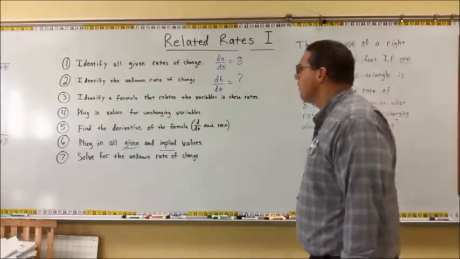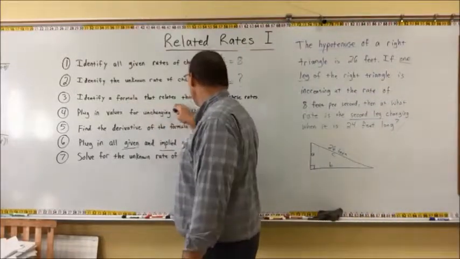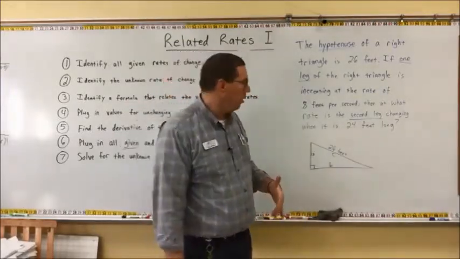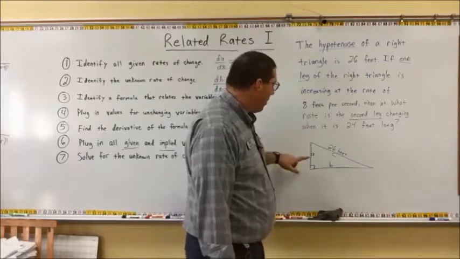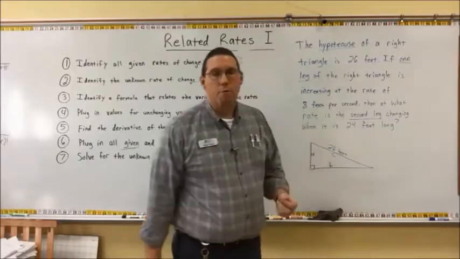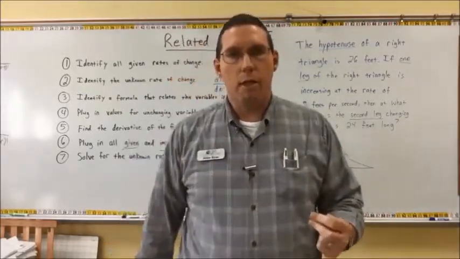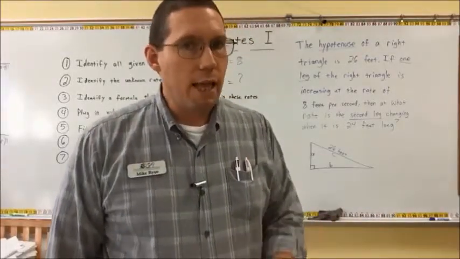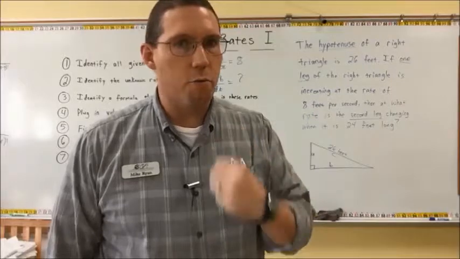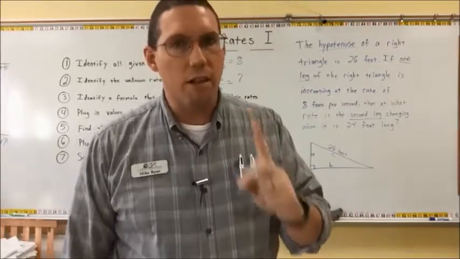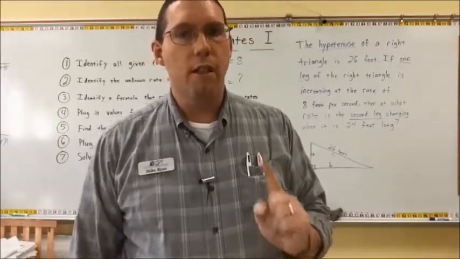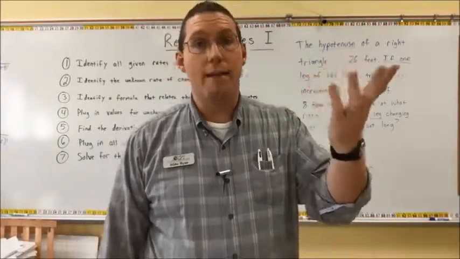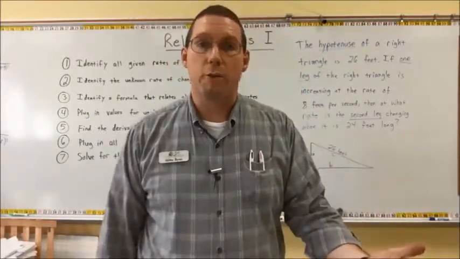Now we need to identify a formula that relates the variables in these rates. So we have a right triangle with 3 lengths, 2 legs, and a hypotenuse. Is there a formula in the world of math for right triangles that relates the 3 sides of the right triangle, that relates the length of the hypotenuse to the lengths of the 2 sides? Hopefully by now you have thought in your head, yes, Mr. Ryan, the Pythagorean theorem.